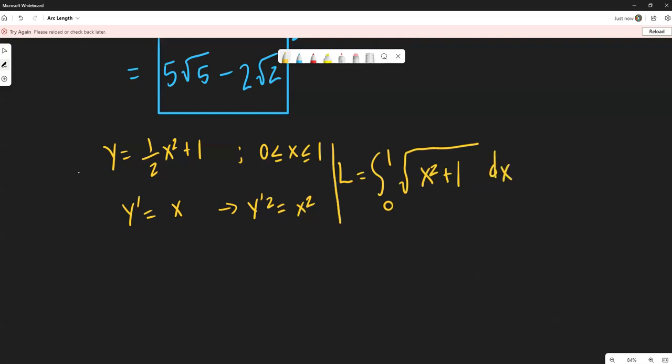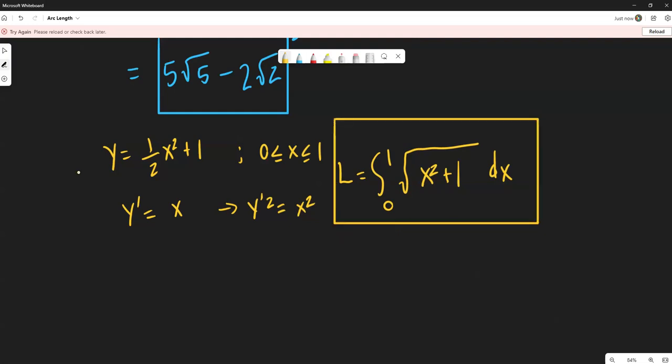Now in this case, this integral cannot be solved by the conventional methods that you've learned so far in Calculus 1 and leading up to this point in Calculus 2. What we would need to use is what is called a trig substitution. But at the moment, we can just leave it and use a calculator to figure out what this would be equivalent to.